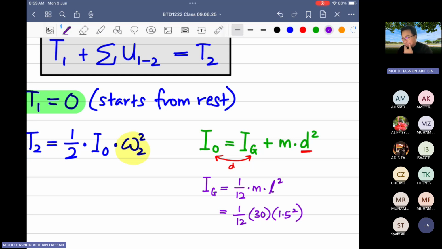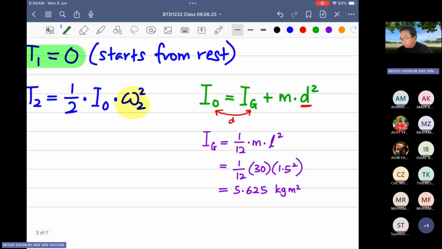Which will give us IG is equal to 5.625 kg meter square. This is the IG.